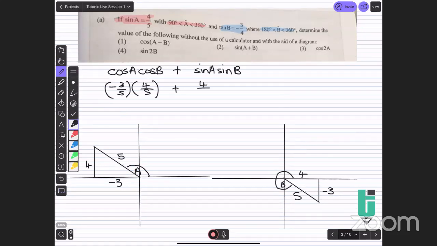Okay, and sine of B, Nabila? -3/5. -3/5, great. Okay, and how do we simplify this? Do you see it's the same?